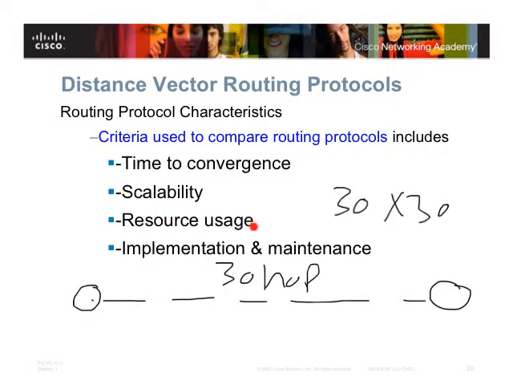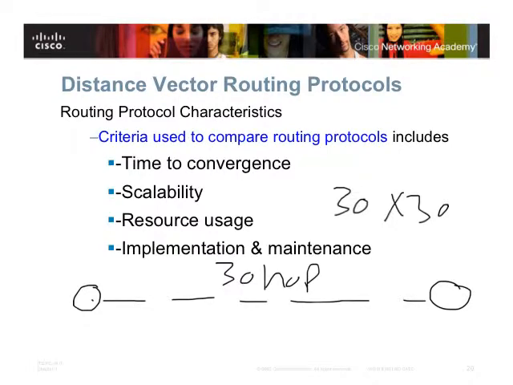Resource usage talks about the fact that a routing protocol may use so many resources in terms of memory and CPU time, which means that the algorithm is really complicated and requires a lot of memory. For example, if RIP uses the number of hops as the metric, then the comparison will be very fast.